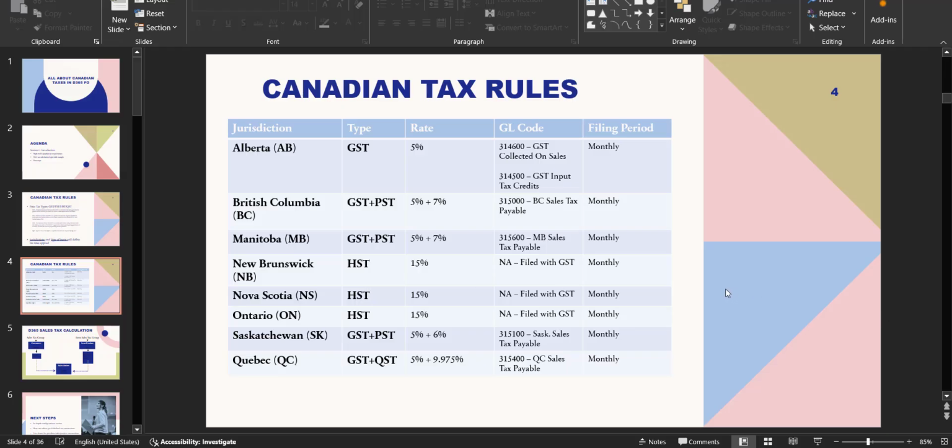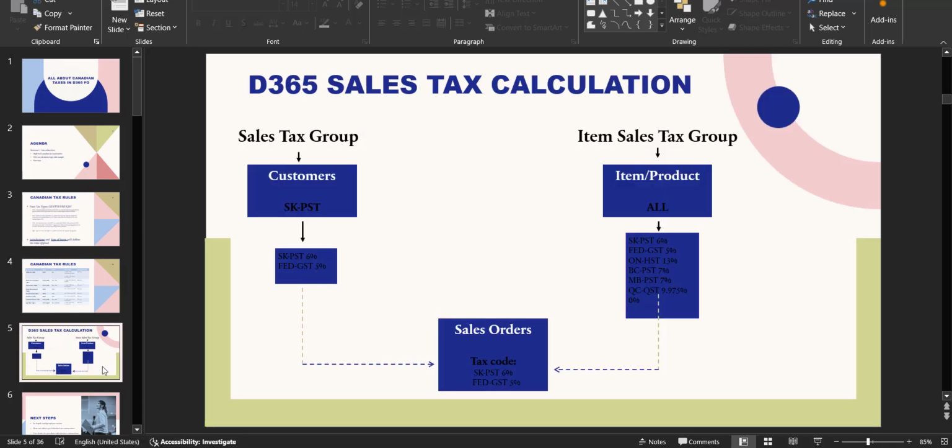Okay, now we have talked about Canadian tax rules. I want to move on to give you a high-level review of how Dynamics is calculating tax. What's the logic? First, you have two elements, as we talked before. One is from your jurisdiction, which is called sales tax group. This is the technical term in F&O.